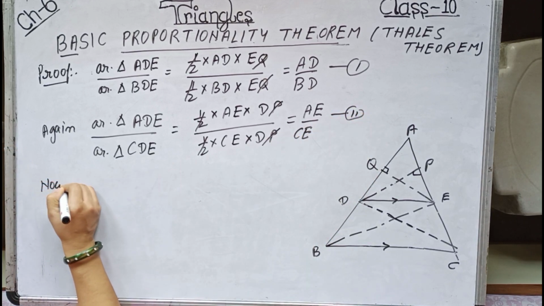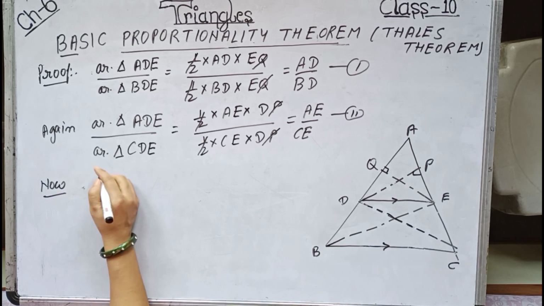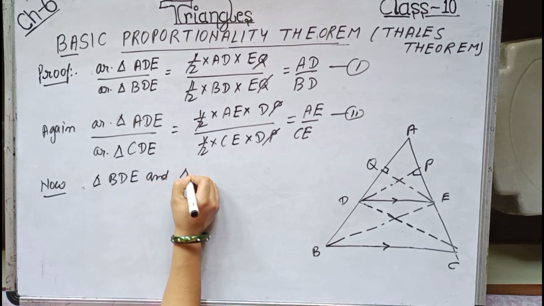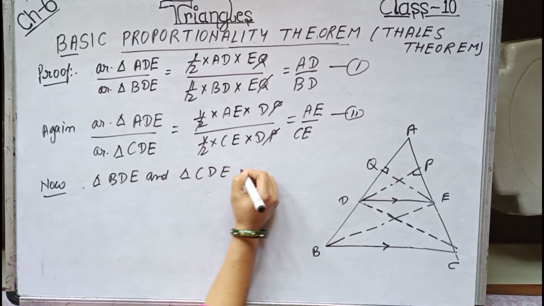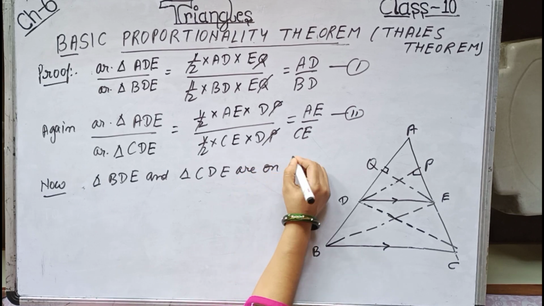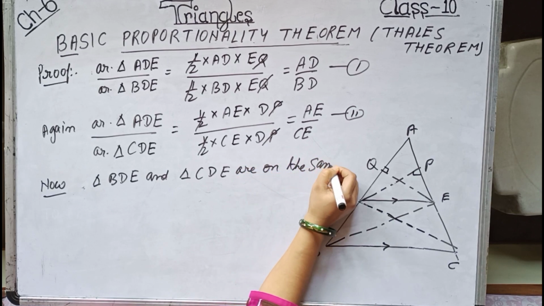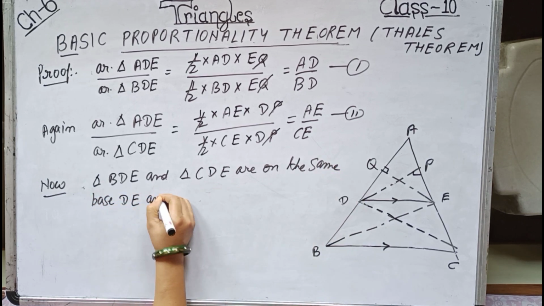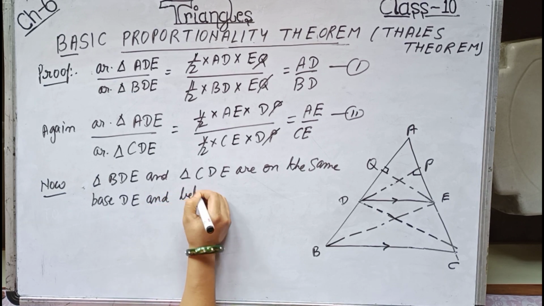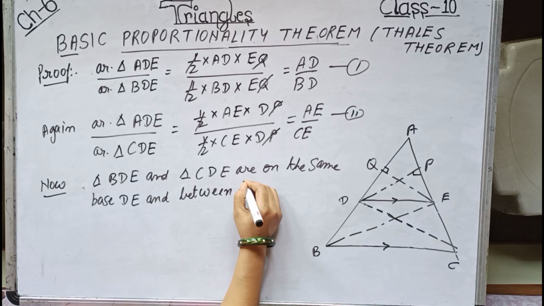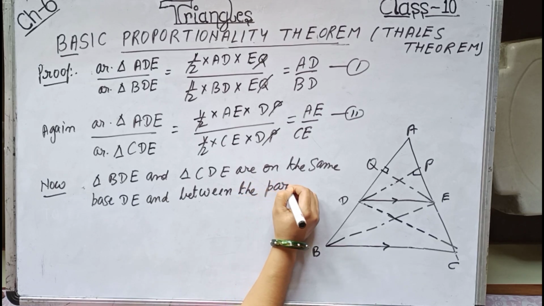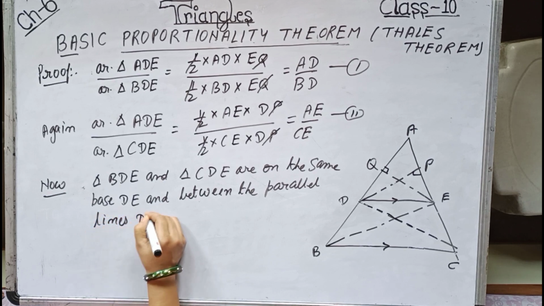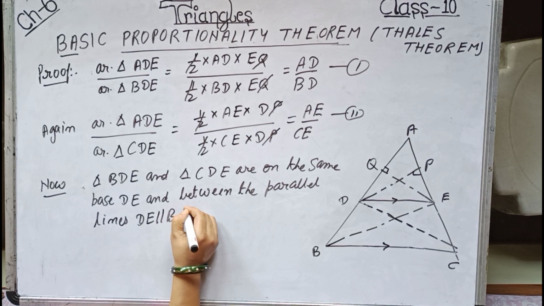Now triangle BDE and triangle CDE are on the same base DE and between the parallel lines DE parallel to BC.